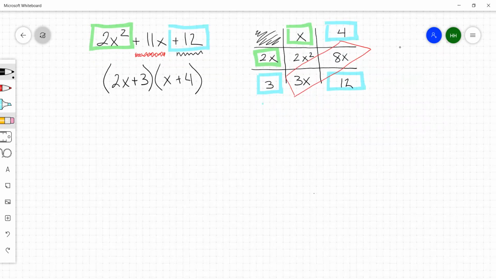Let's try 4x squared. Or actually, let's do 2x squared minus 7x plus 6.